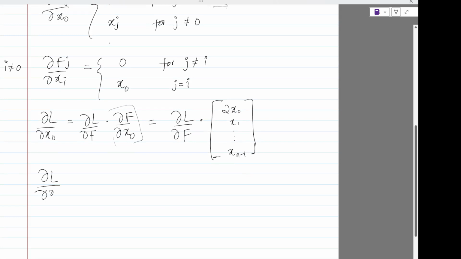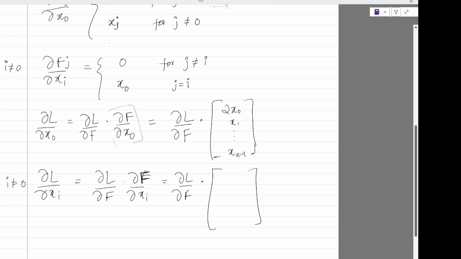Similarly for all others, i not equal to 0, it is del L by del f into del f by del xi, and you have a vector here.